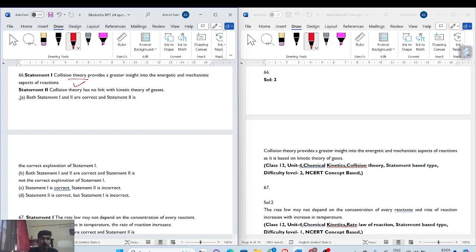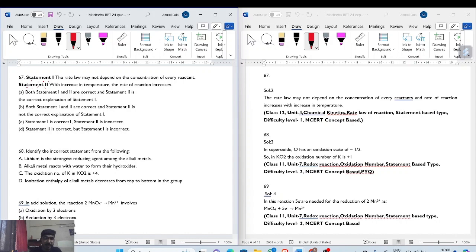Statement 2: collision theory has no link with kinetic theory of gases. This statement is false, because from collision theory and kinetic theory we can find the number of collisions and the kinetic energy of the molecule after collision. So collision theory is linked with kinetic theory of gases, and we can find many things: kinetic energy, number of collisions, and much more. So statement 1 is correct and statement 2 is incorrect. So option number C is our correct answer.